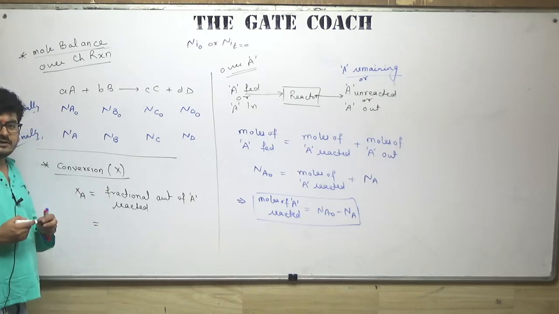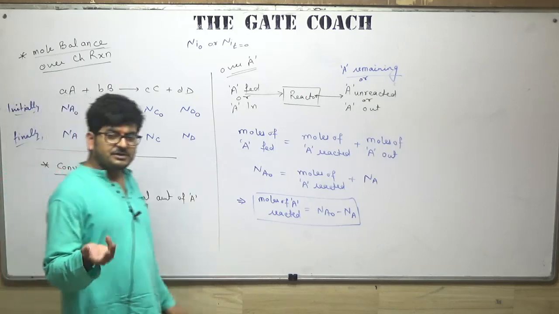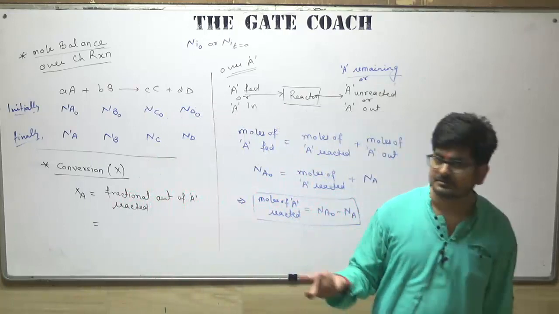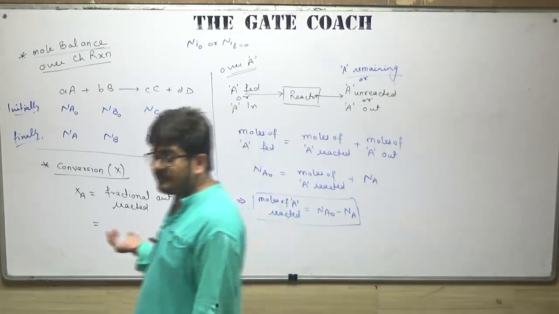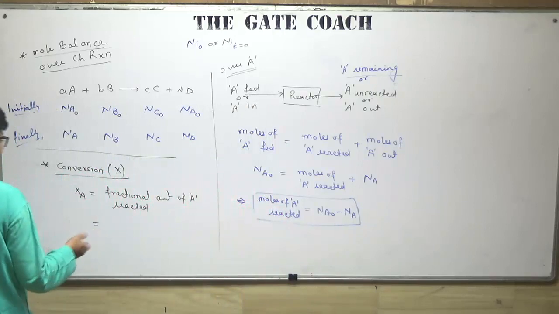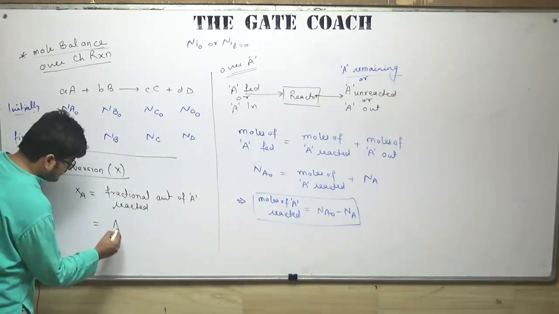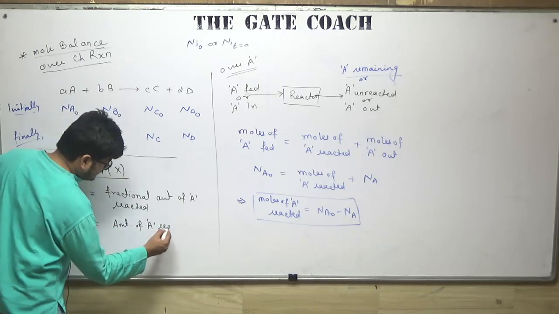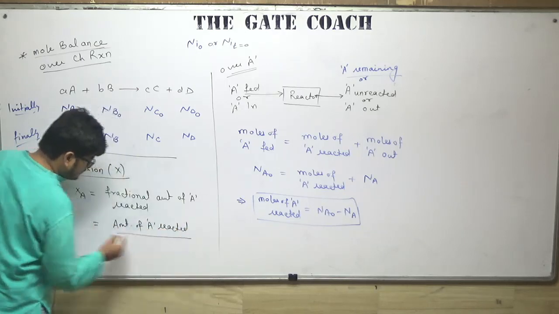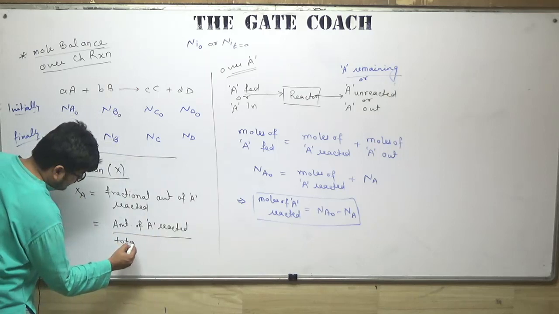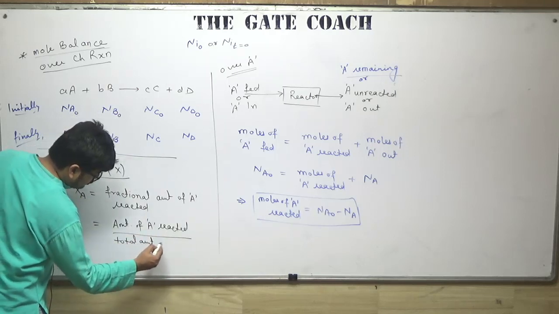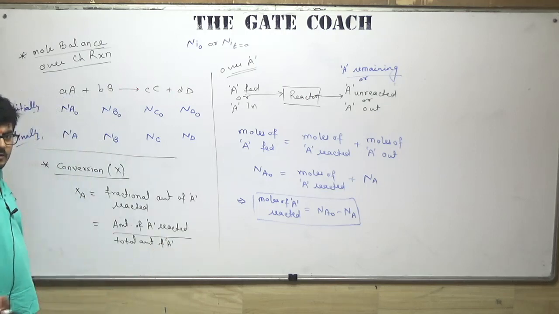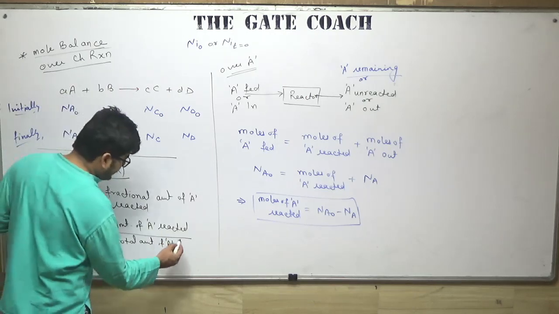All of us know what a fraction is. A fraction can be defined as the amount to the total amount for any system. Similarly, fractional amount of A reacted means amount of A reacted to the total amount of A. And what is the total amount of A? That is the amount of A fed.